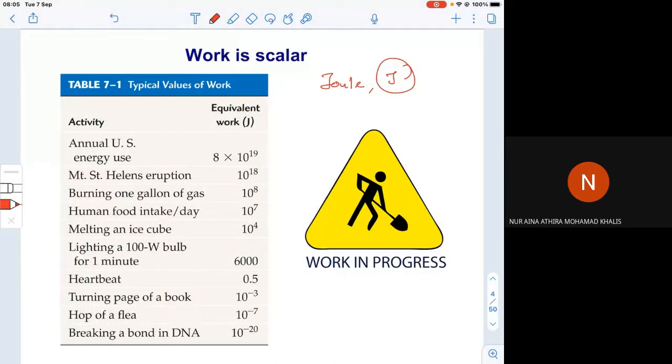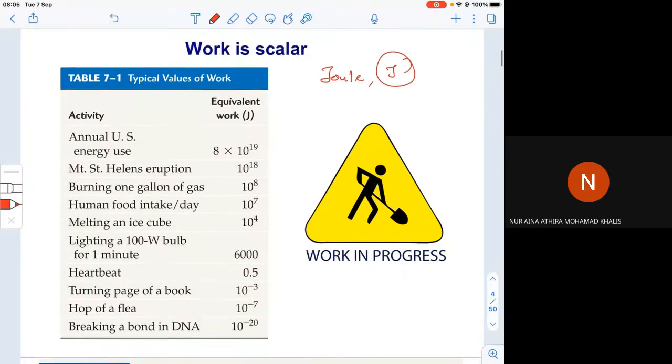For example, we have a lot of activities here, each with a certain equivalent amount of work. Typical values of work, such as the list of activities here, contain an equivalent work given in joules.